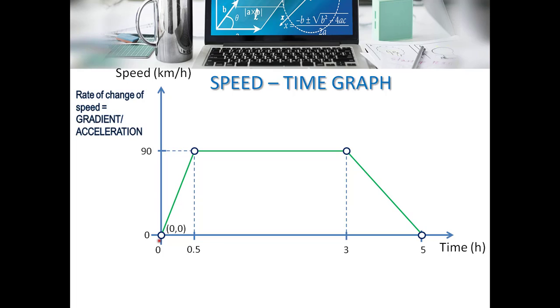So first we look at two points. The first point, the first coordinate, is 0, 0, and the second coordinate is 0.5, 90. As usual, don't skip this process. It's very important because students tend to change the value because they think they want to speed things up, but sometimes they make silly mistakes.